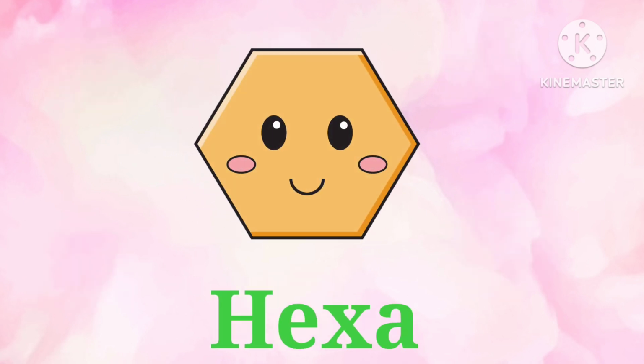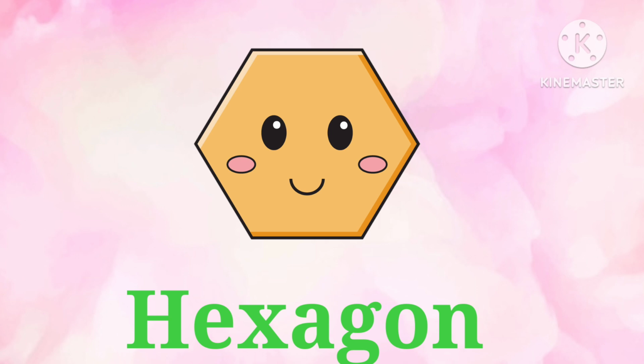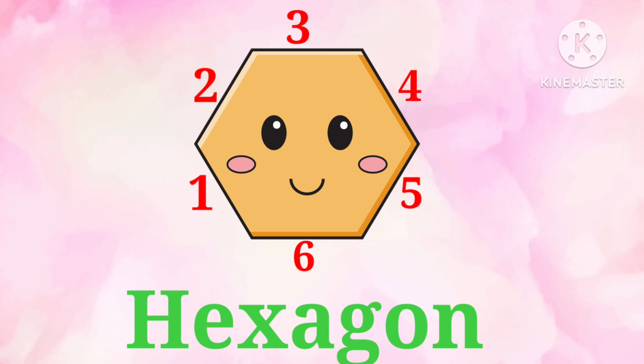Now, the next shape is Hexagon. A hexagon has 6 sides. Let's count. 1, 2, 3, 4, 5 and 6. 6 sides. Let's have a look some examples of hexagon.